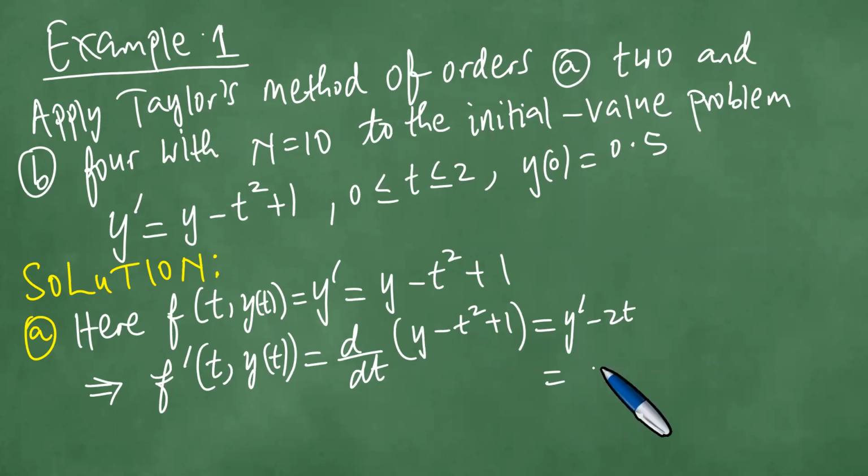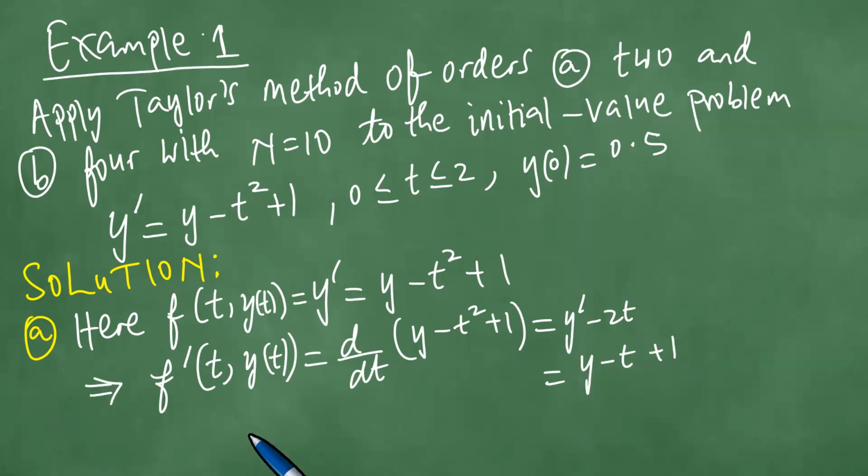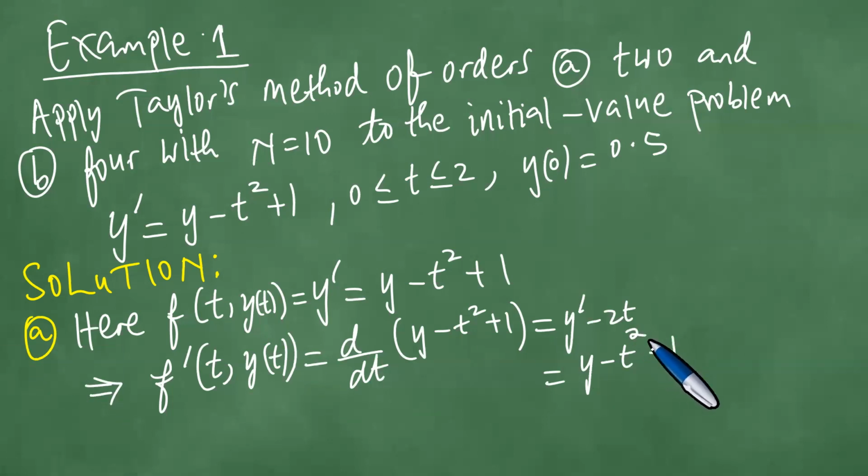So what is y primed? It is y minus t squared plus 1. Because y primed minus 2t, then the derivative of 1 is 0. But y primed is given, so it is y minus t squared plus 1, and then there's minus 2t.